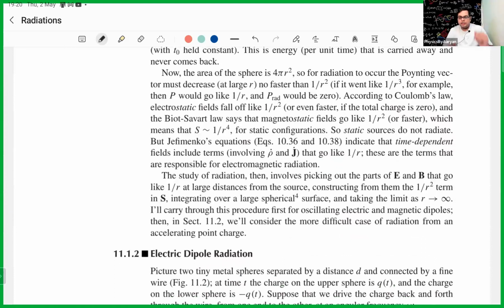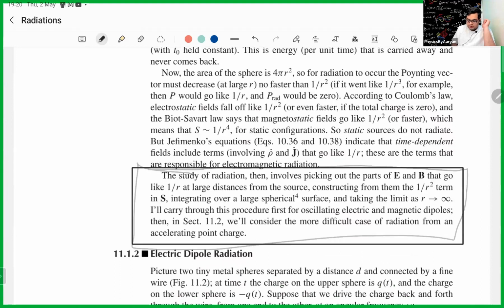Okay. Now, another important part here to understand is this paragraph. The study of radiations thus involves picking out the parts of E and B. So basically, E and B should vary like 1 by R at large distances from the source. For example, in your electrostatics, your electric field is inversely proportional to 1 by R square.